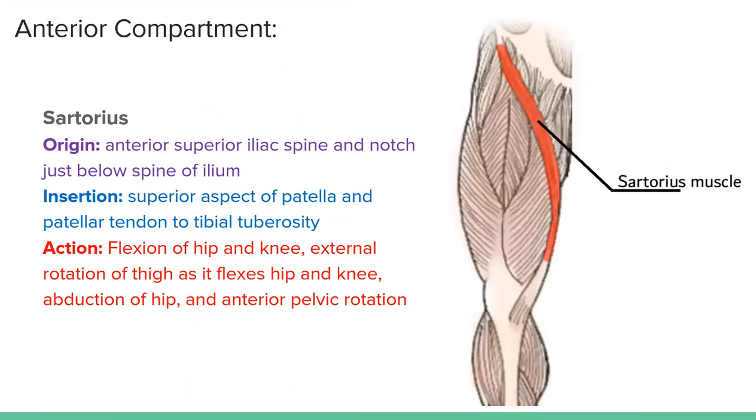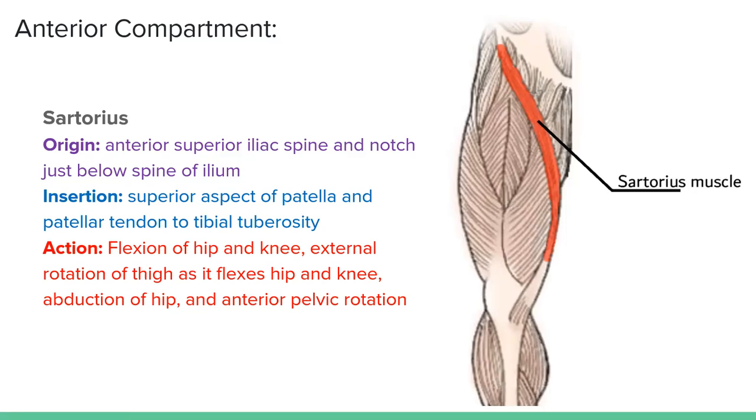And then the sartorius is that small muscle that goes right across those quadriceps. The origin of that one is the anterior superior iliac spine, and the notch just below the spine of the ilium. And then it inserts on the superior aspect of the patella and the patellar tendon to the tibial tuberosity as well.